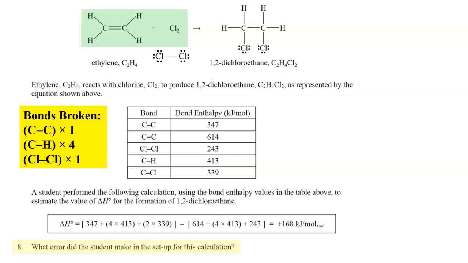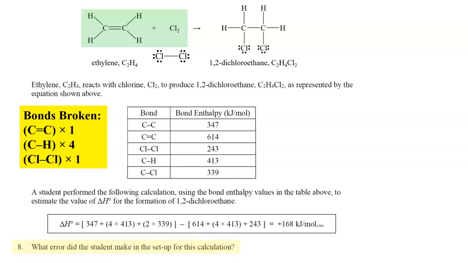So we can see in the ethylene structural formula, that would be a carbon-carbon double bond that is broken. And then we can see 4 CH bonds in ethylene. So those are also broken. In addition, we have the chlorine-chlorine bond that is broken. So that is the total of all of the bonds that are broken.